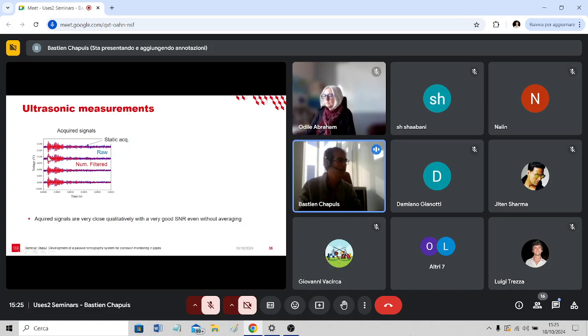Here you have some ultrasonic measurements with this optoelectronic system. The first line is a static acquisition, where there is no bending of the panel, and you can see in blue the raw signals, and in red, slightly filtered, that we have a very excellent signal-to-noise ratio, even without averaging.